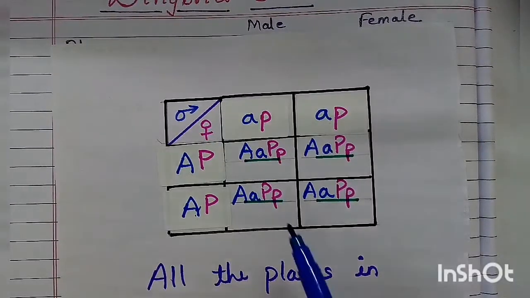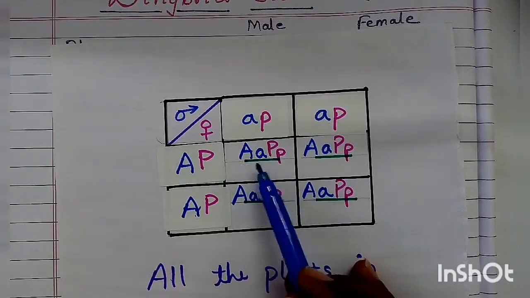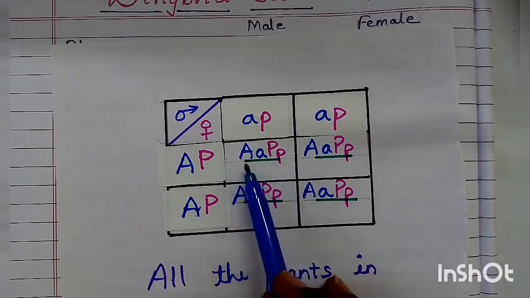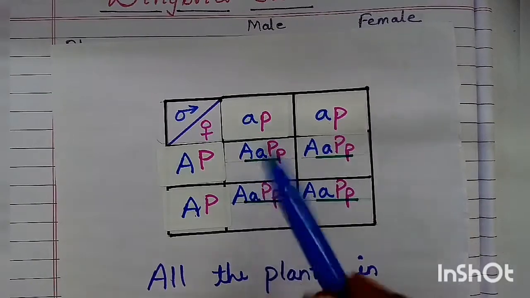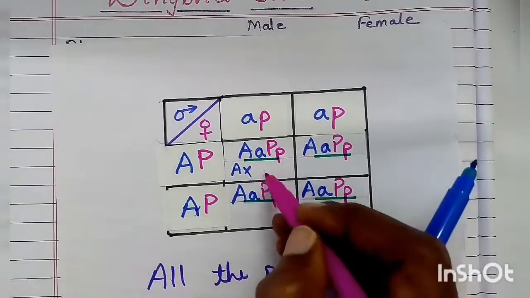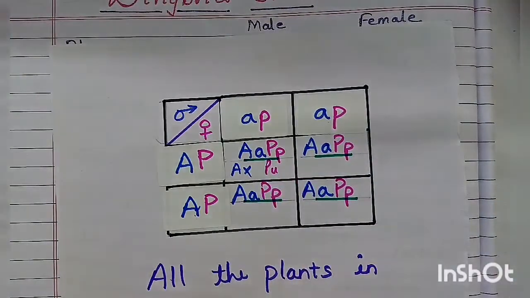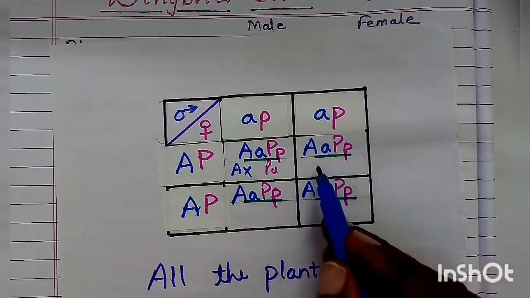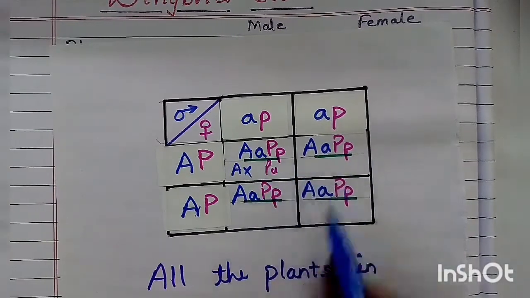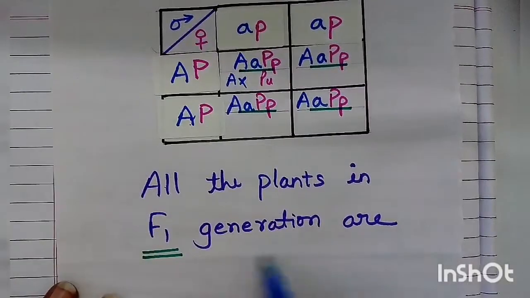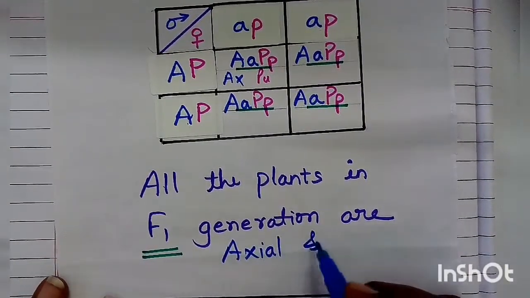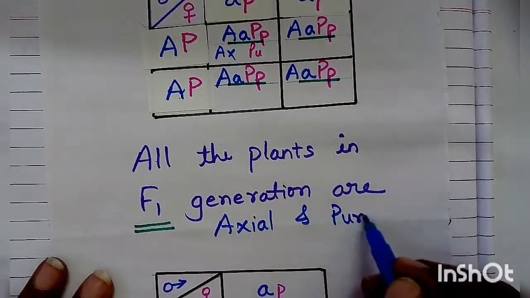Now as I have already said, even one capital A letter represents the dominant trait. Now capital A small a represents what? Axial. Capital P small p represents purple color. Capital A small a, same axial, capital P small p. That means all the plants in the F1 generation are axial and purple.